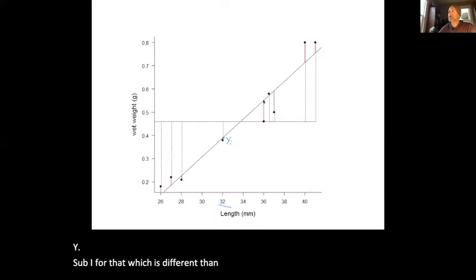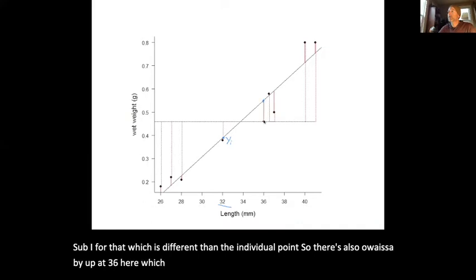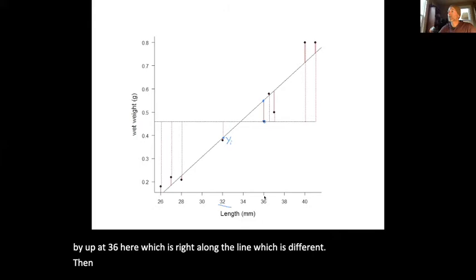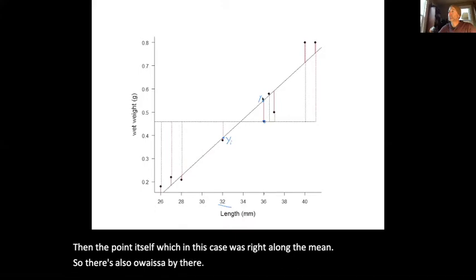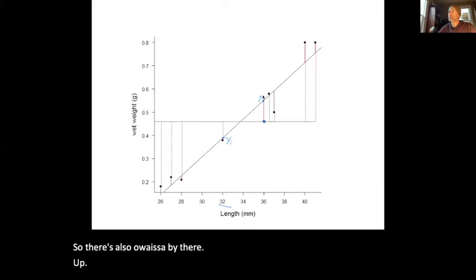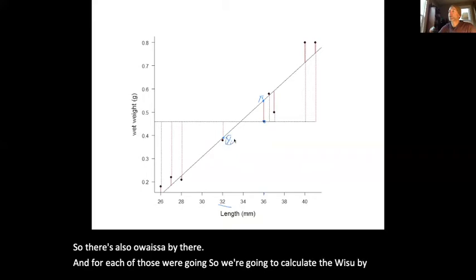There's also a y sub i up at 36 here, which is right along the line, which is different than the point itself, which in this case was right along the mean. For each of those, we're going to calculate the y sub i from our regression equation.